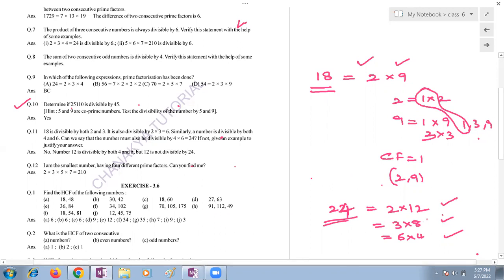If I take 2 and 12, what are the factors of 2? 1 and 2. And the factors of 12 are 1, 2, 3, 4, 6, and 12.